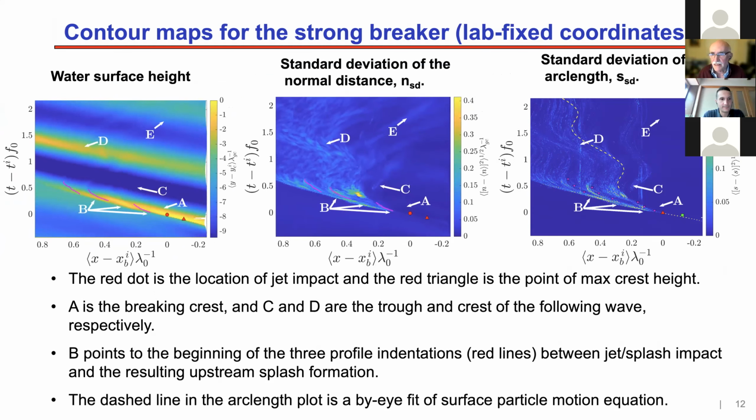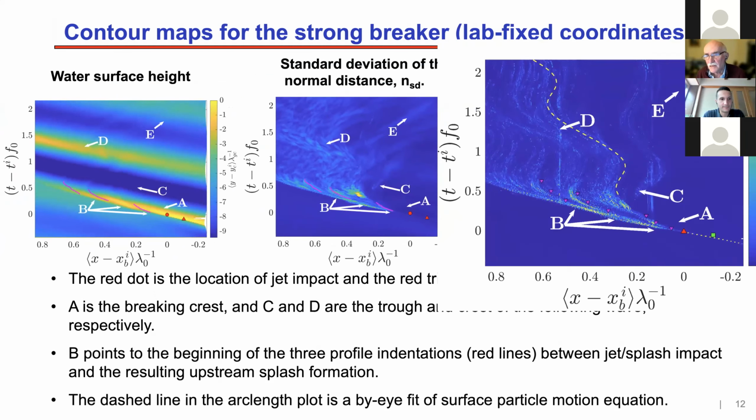And then lastly, this is the standard deviation of the arc length. You can see it has a whole different character compared to the normal distance. This was a new idea we had for processing the data. If you look at the pattern, generally speaking, it has these striations with a wavy pattern to them.